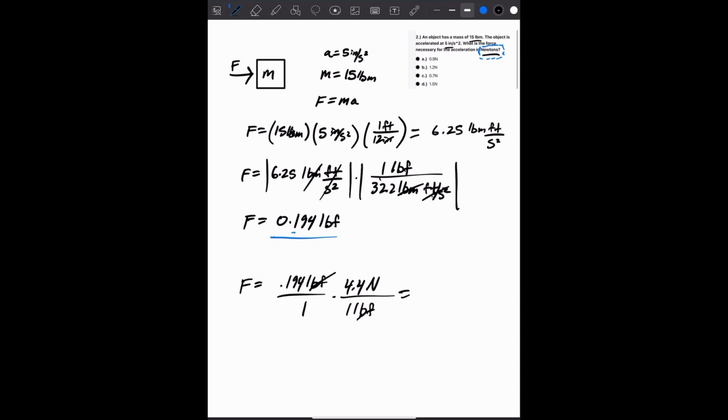Pound force cancels, and after we punch this in, we get approximately 0.86. So it looks like the correct answer will be A, 0.9 newtons. This is in newtons.